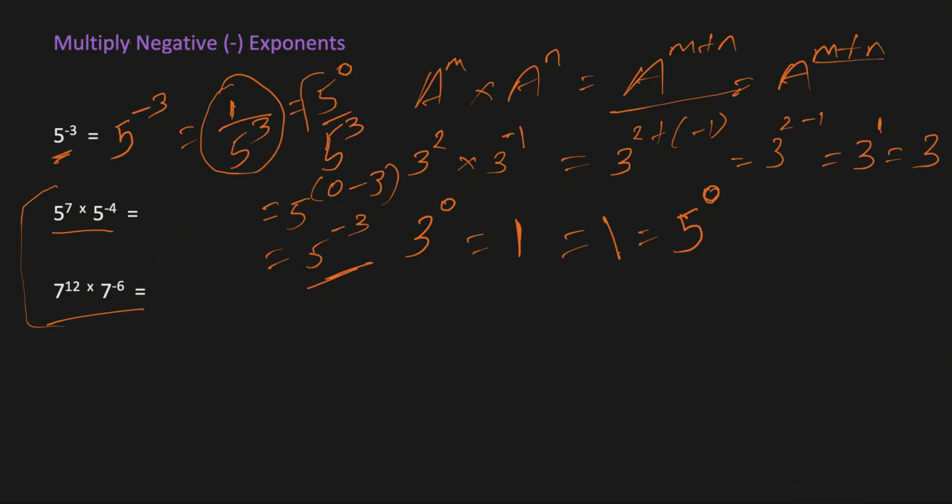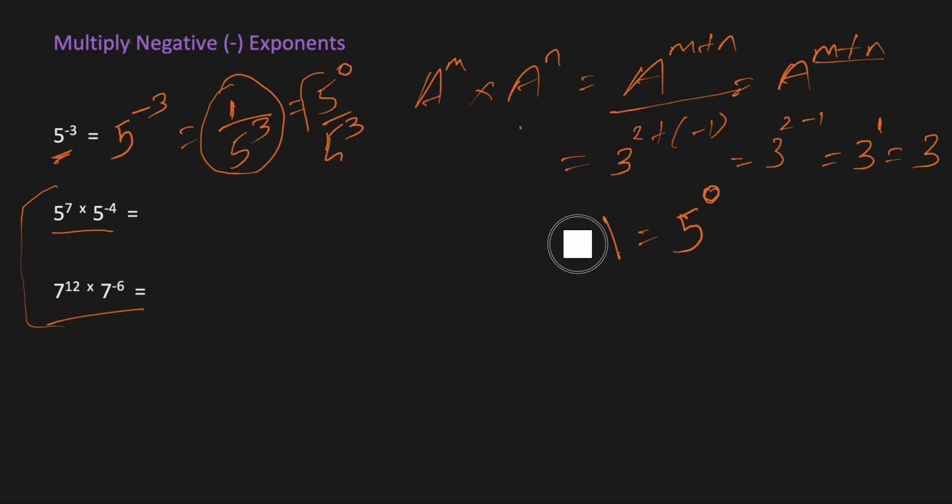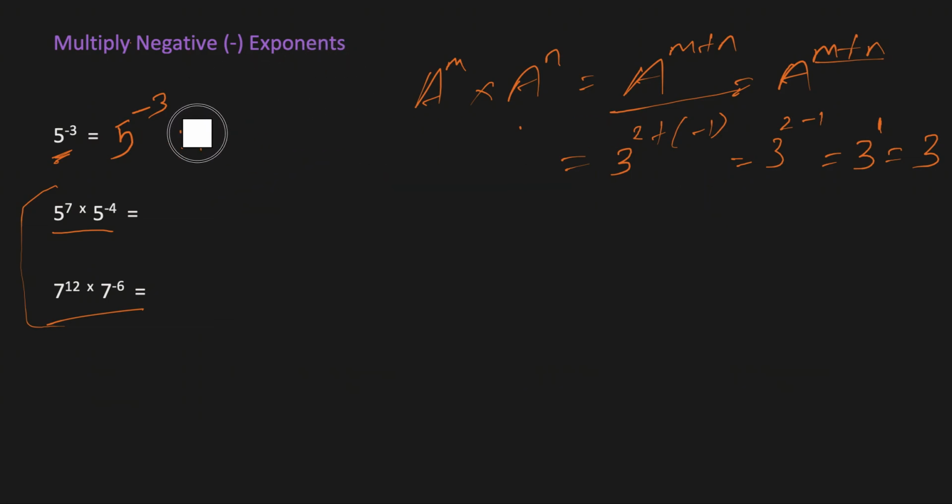Let me clean out some space. Cool, and let me get my pen back. Okay, I will write this down again here. Any base with an exponent of 0 is always 1. Using the same property, when we multiply the same base with exponents, we always add the exponents.